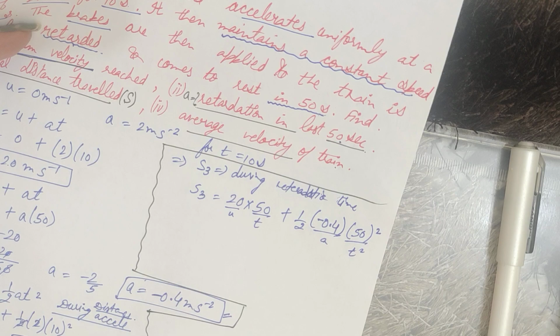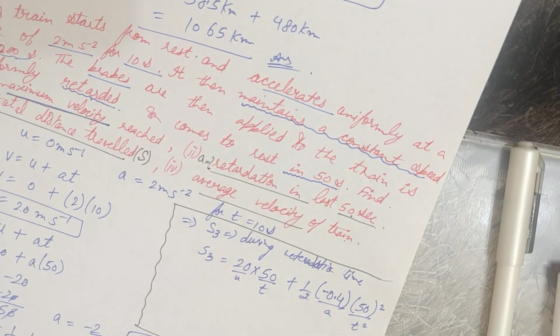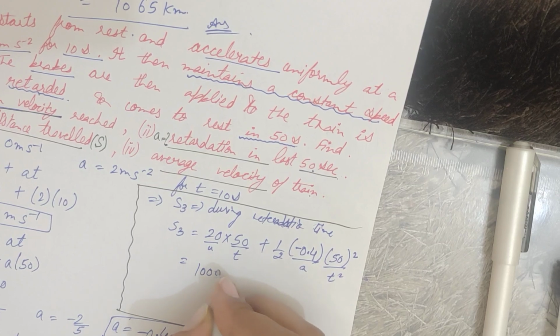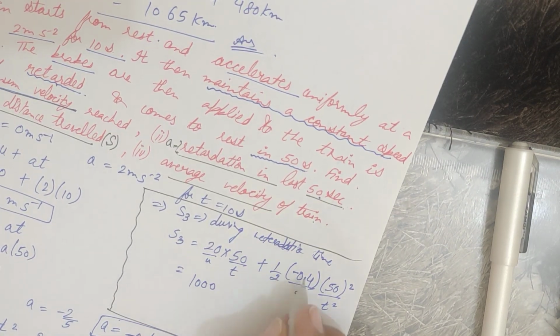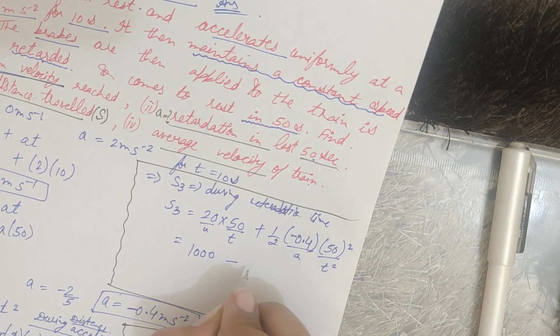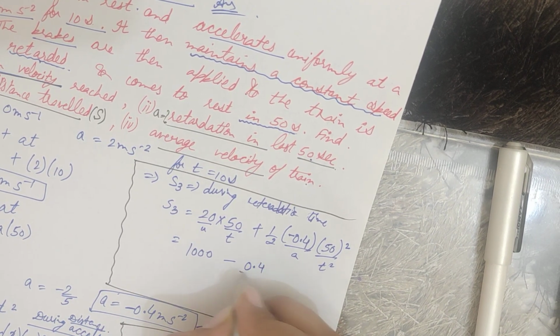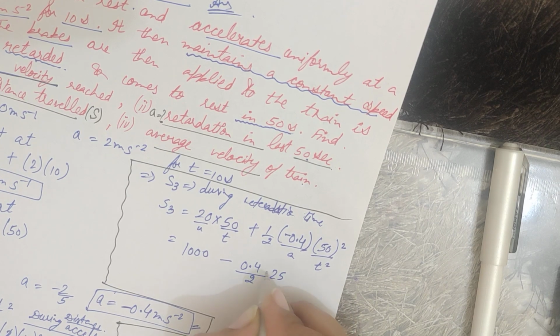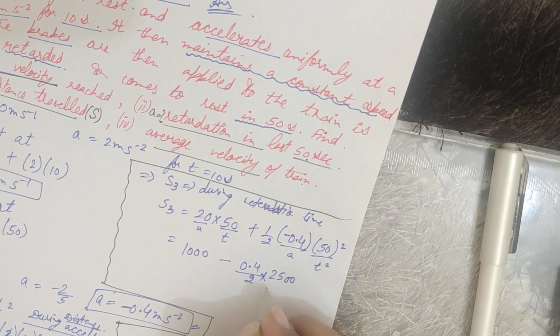Alright. After that we need to solve this. 5 2s are 10, so it is 1000, plus minus 0.4 divided by 2, into 5 5s are 25, 00 will come here.